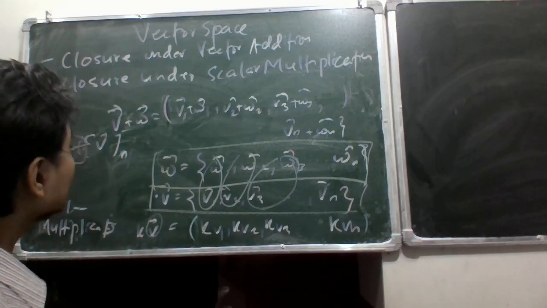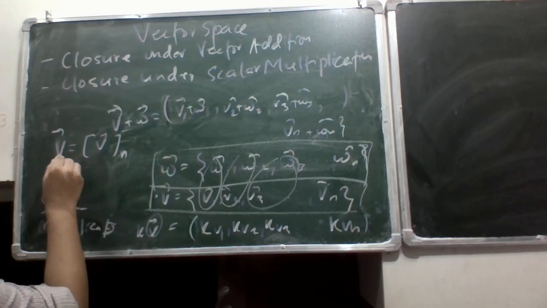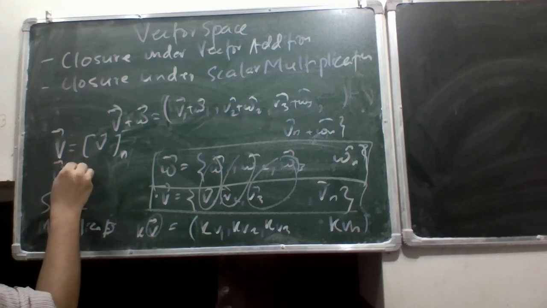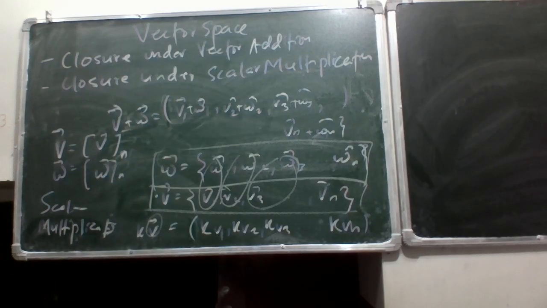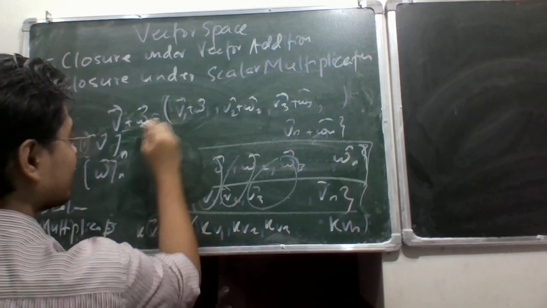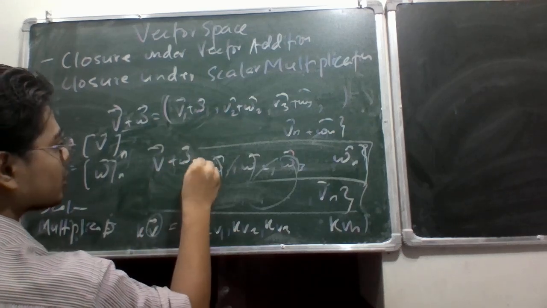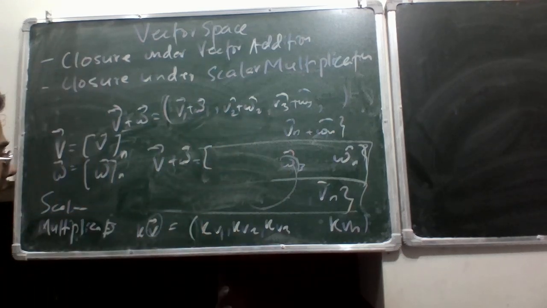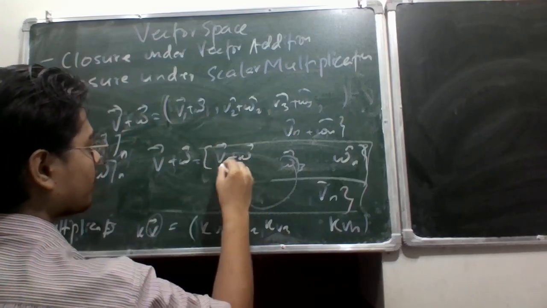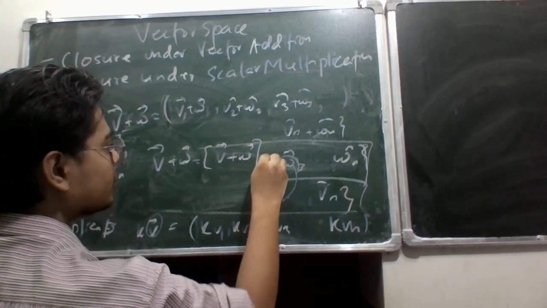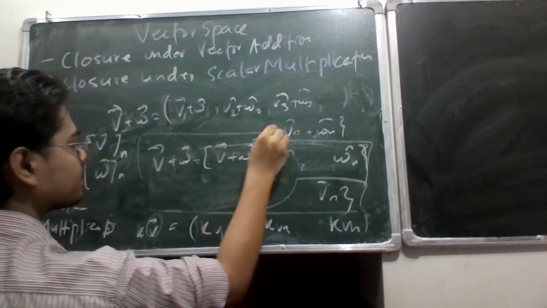Again, whenever we add this vector to another vector of the same dimension, the addition will also yield a vector of the same dimension.